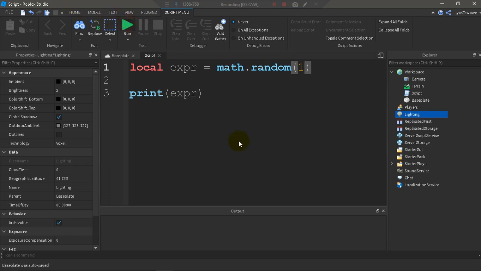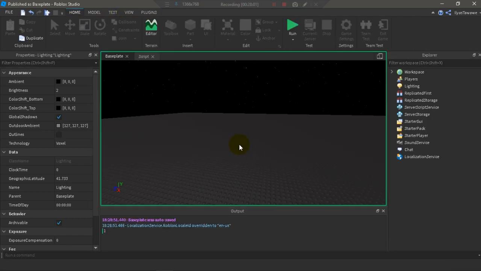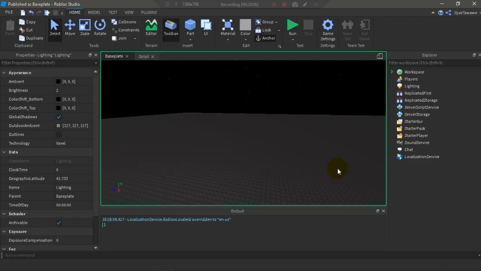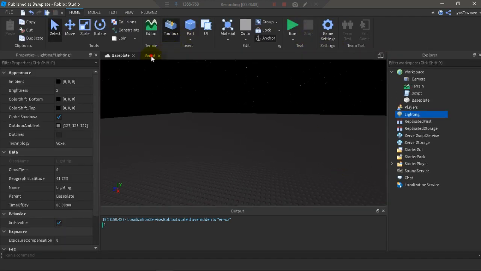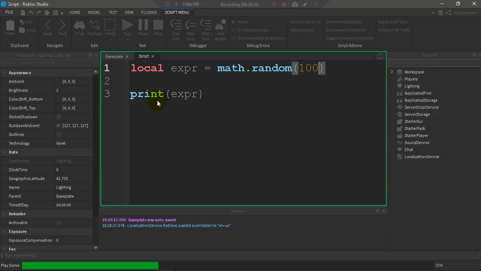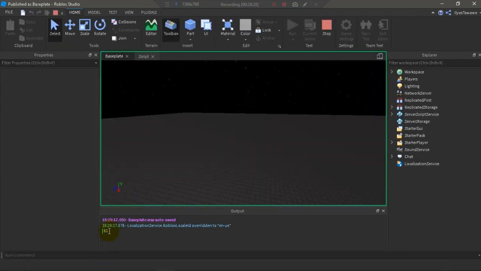So it's giving us right now 1. If you give it one parameter, then this parameter is going to be the maximum value, and the minimum value by default is 1. So for example, if we give it 100, it's going to give us a random number between 1 and 100. If we run the script right now, it's giving us 61.